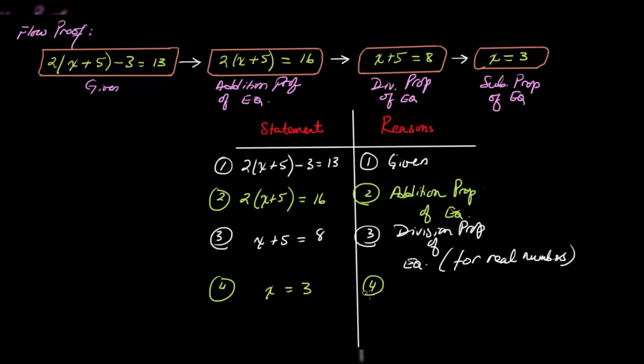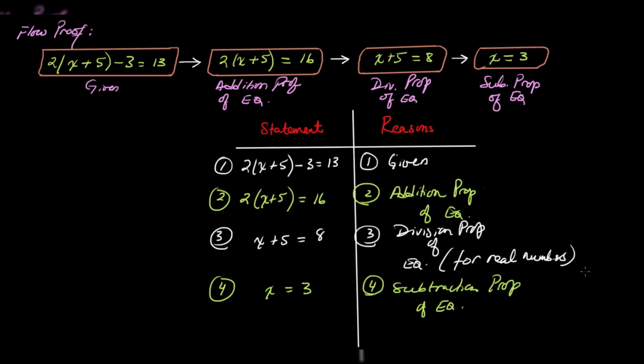And the reason for step 4 was subtraction, S-U-B-T-R-A. I should spell this out because somebody could say this is substitution, right? So subtraction, we don't mean substitution, we mean subtraction property of equality for real numbers.